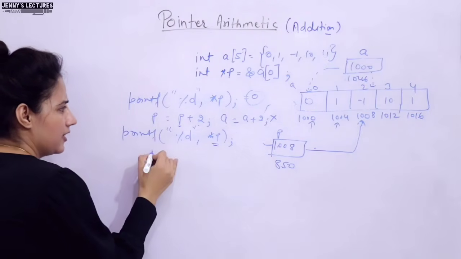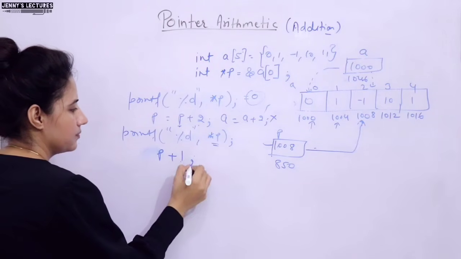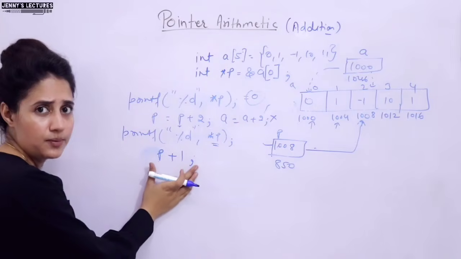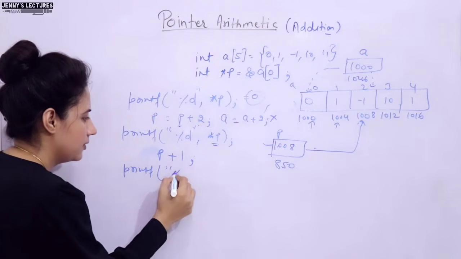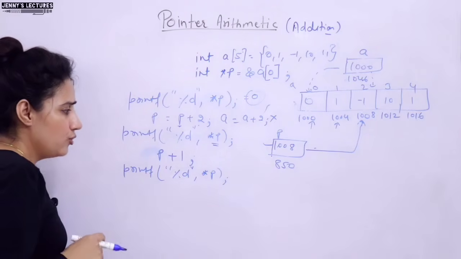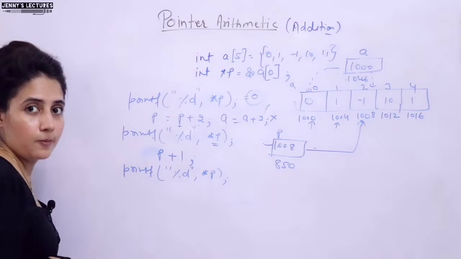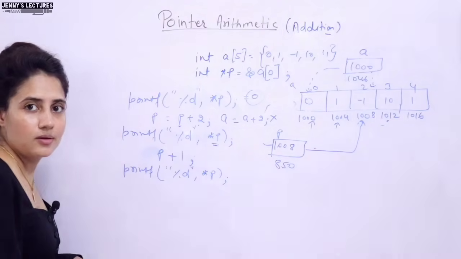Now if I do something like this, I write simply P plus 1. I am not writing anything else, I am simply writing P plus 1, and I am printing printf percentage d asterisk P. Now according to you, what would be the answer? I guess you will say now P is here, so it will move to here.